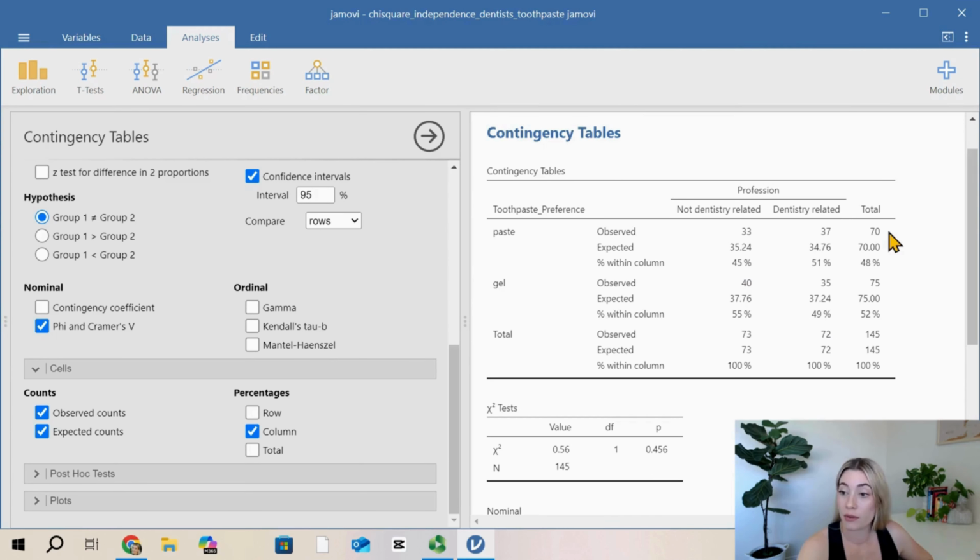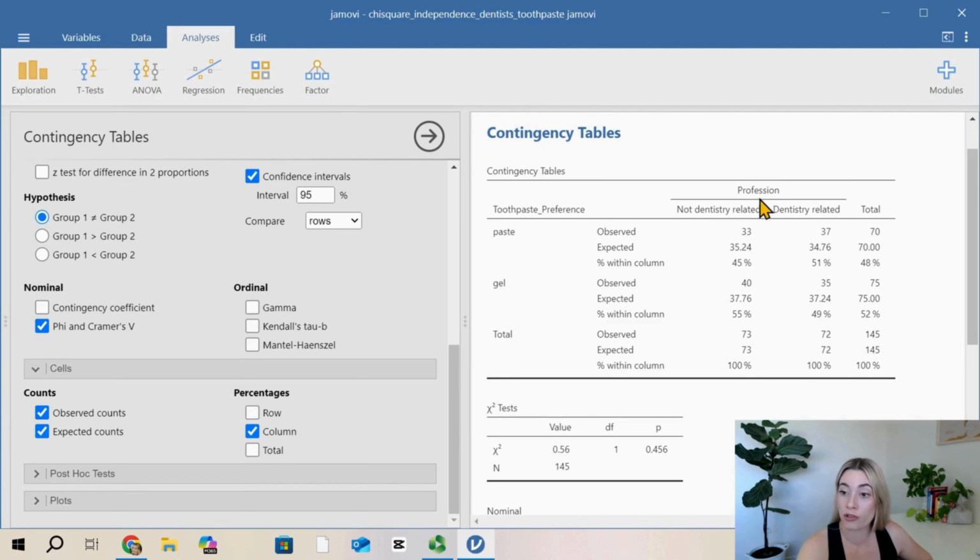Looking then at the percentages, for those participants who are in a dentistry related field, 51% of them preferred paste, while 49% of them preferred gel. So this looks to be a very similar likelihood of preferring either paste or gel.